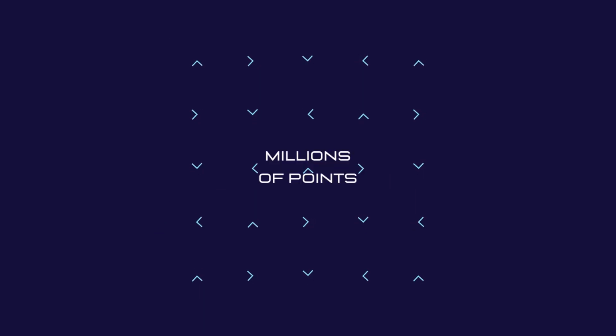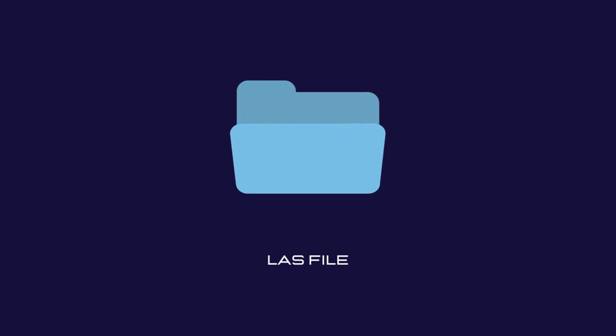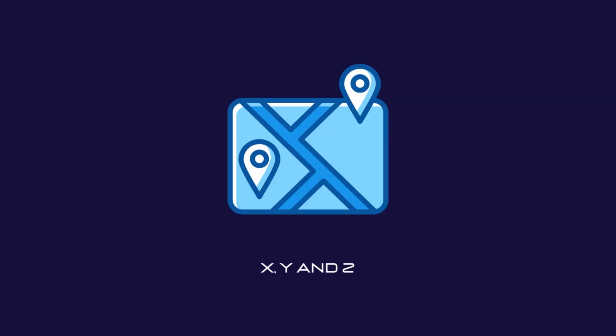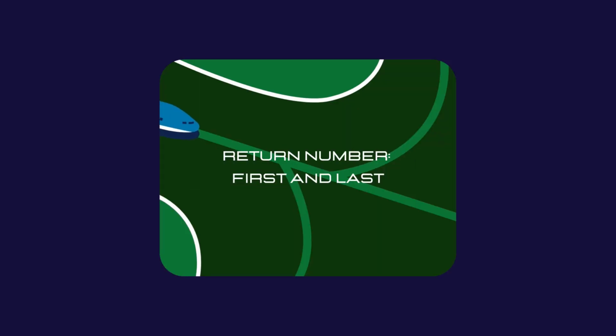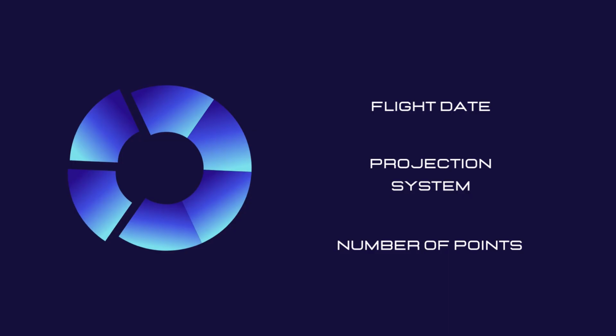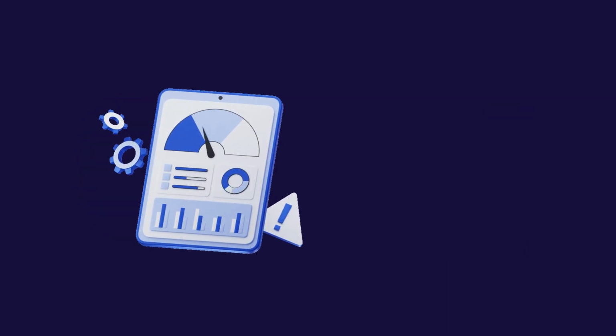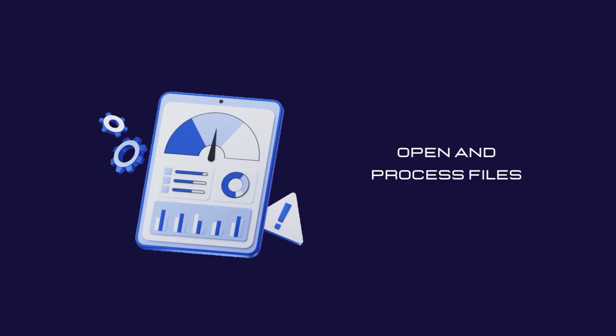Each LAS file contains in particular the XYZ coordinates of each point, the laser return intensity, the return number, for example first or last return to pass through vegetation, the GPS time, the scan angle, the point classification: ground, vegetation, building, etc. The LAS also contains a header with metadata: flight date, projection system, number of points, etc. This is what allows any compatible software to open and process these files, ensuring interoperability among all geomatic stakeholders.